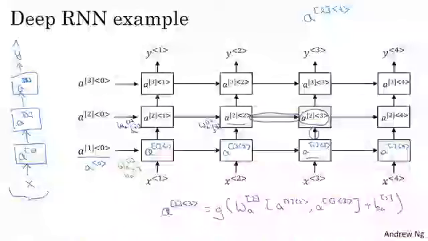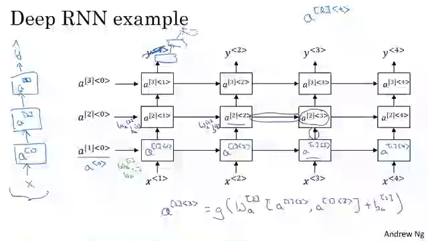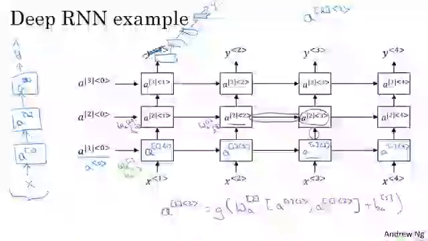One thing you do see sometimes is that you have recurrent layers stacked on top of each other, but then you might take the output here and just have a bunch of deep layers that are not connected horizontally, but a deep network here that then finally predicts y<1>, and you can have the same deep network here that predicts y<2>.